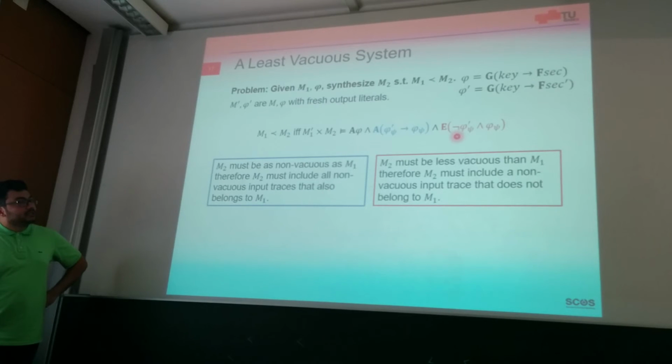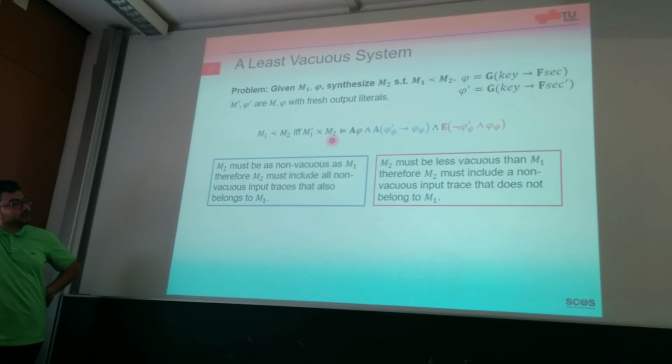It says there exists one witness trace that does not belong to M1 but belongs to M2. Remember, M1 prime is talking about secret prime. So basically phi prime belongs to M1, and not phi prime belongs to M2. That makes M2 strictly less vacuous.